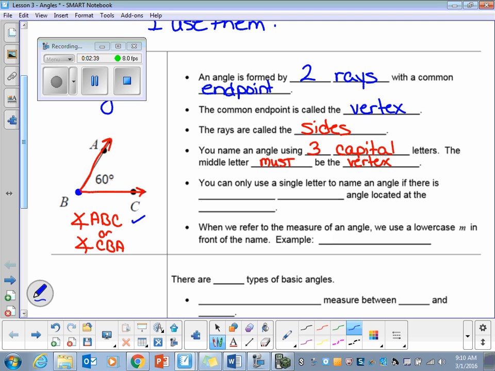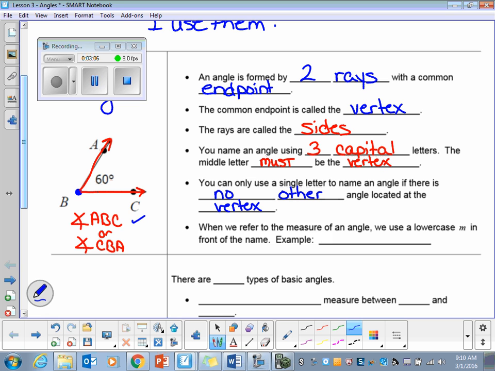This first one is our preferred option because A and C are in alphabetical order. But both are correct. You can use a single letter to name an angle only if there is no other angle located at the vertex.